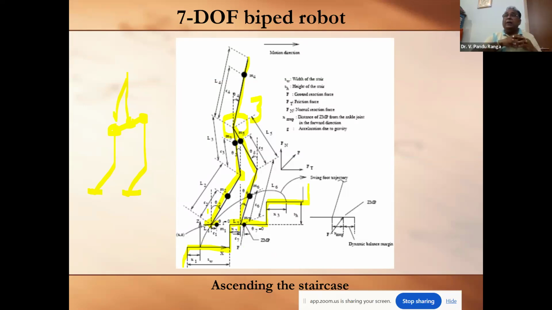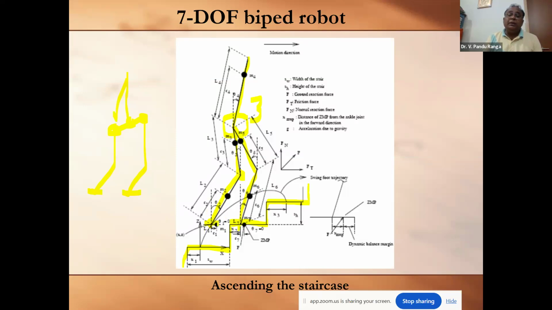Instead of using a particular leg having a continuously varying distribution of mass, which would be difficult to analyze and would need continuous integration, which is computationally expensive, we decided to go with a lumped mass system, in which the entire mass corresponding to a particular link is assumed to be focused at a particular point. So that is called a lumped mass system.